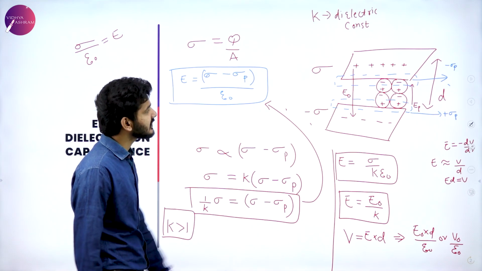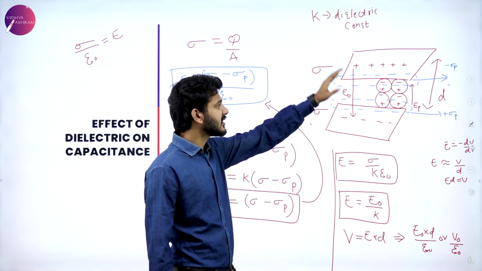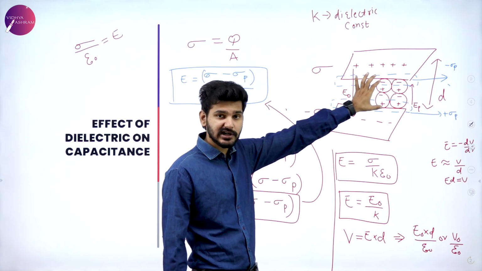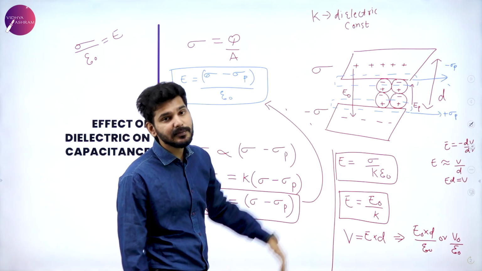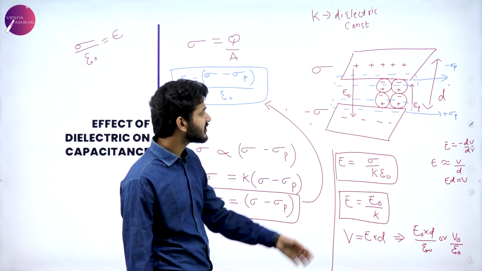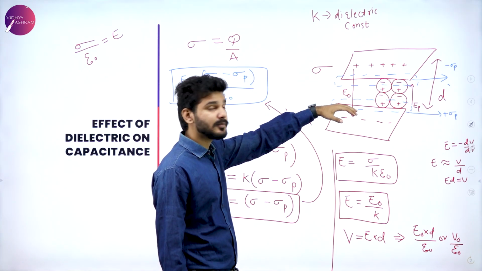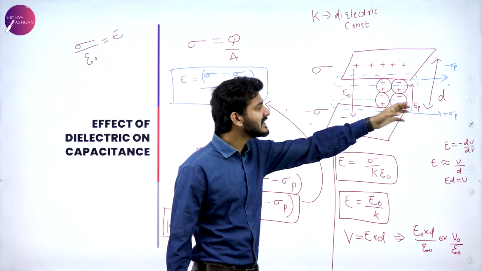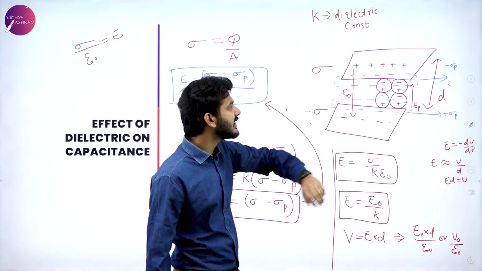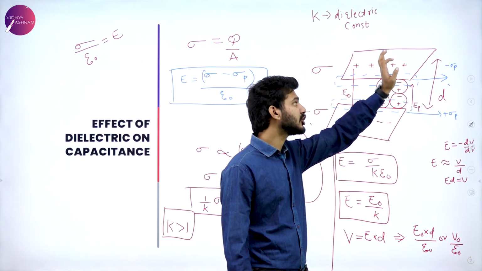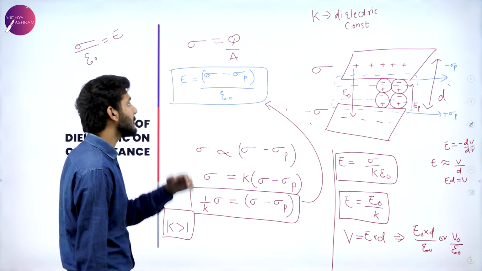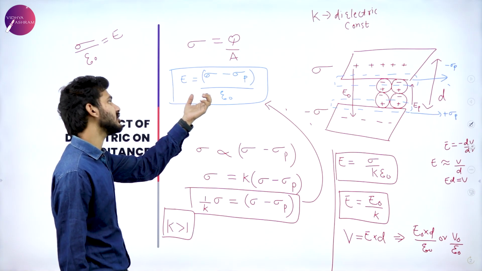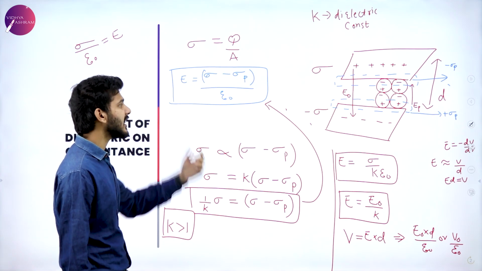So remember, first we considered a parallel plate capacitor in which a dielectric medium was kept, and due to the electric field between the two plates, the dielectric medium became polarized and there developed an internal electric field. And finally, because of the internal electric field, the total charge density of the system became a different quantity which was expressed in terms of electric field, that is E is equal to sigma minus sigma P divided by epsilon naught.